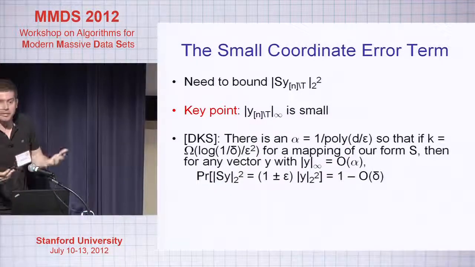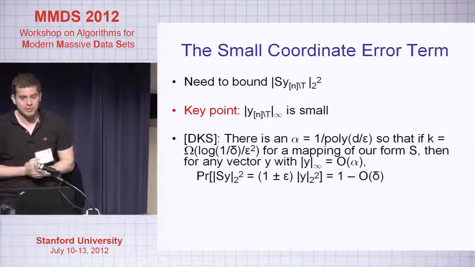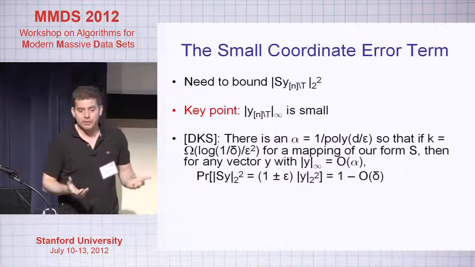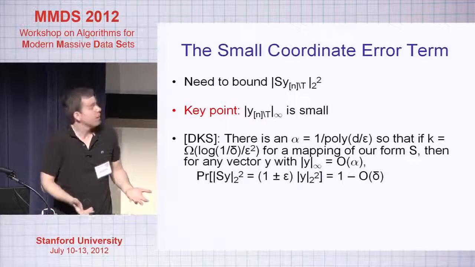And now we can apply this very nice result of Dasgupta, Kumar, and Sarlos, which basically shows that our mapping S works on vectors which have small infinity norm.